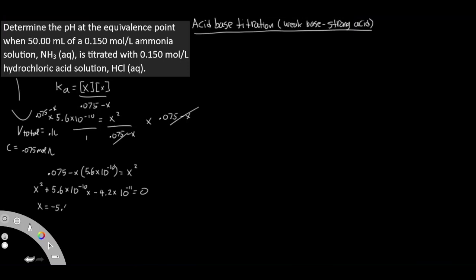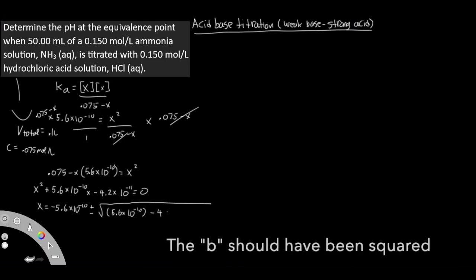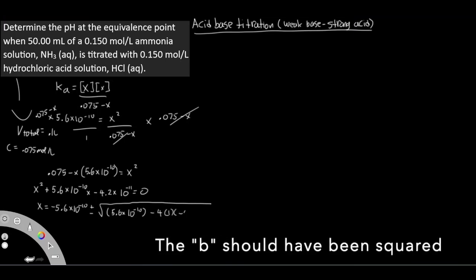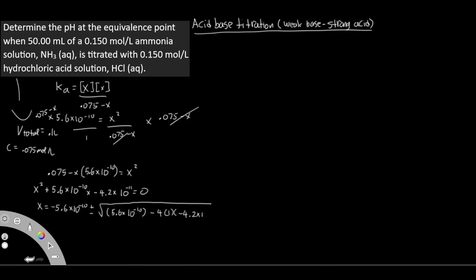X is equal to minus b plus or minus the radical. So we get b squared minus 4ac, all over 2a.